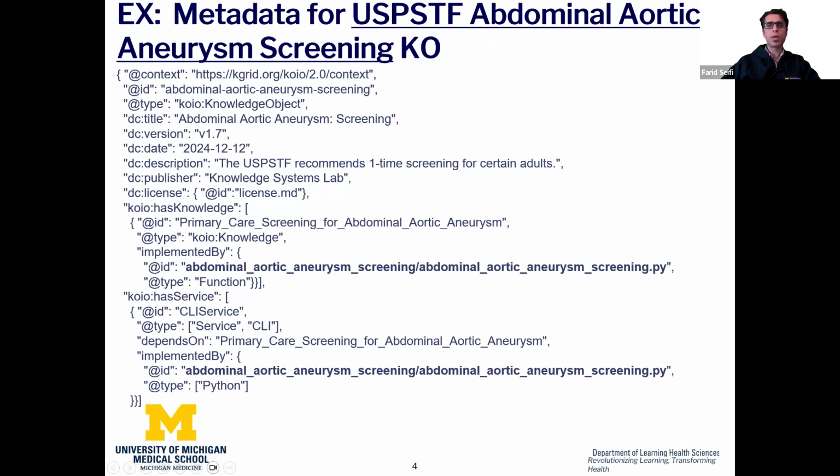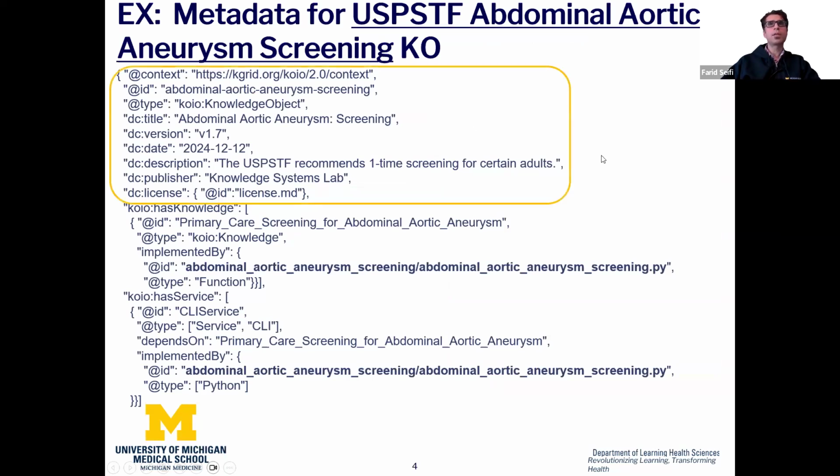For the purpose of this demo, I'm going to use one of the United States Preventive Services Task Force recommendations, the abdominal aortic aneurysm screening recommendation, which we have implemented using Python, and we have added metadata to it. This is a simplified version of the metadata.